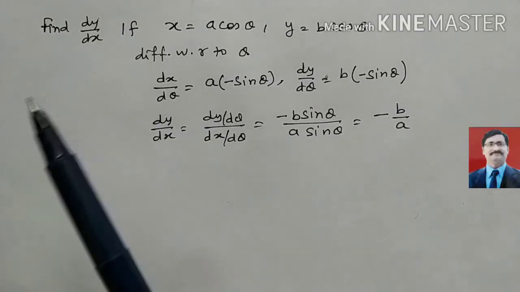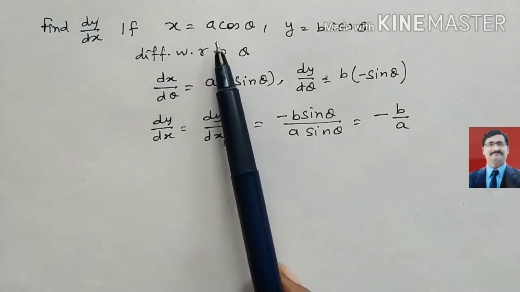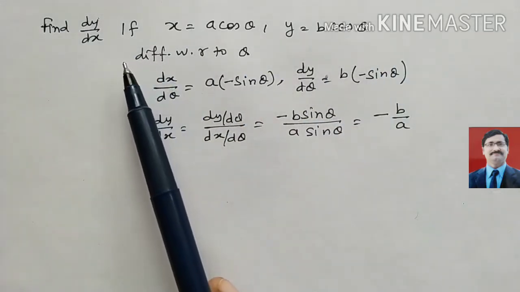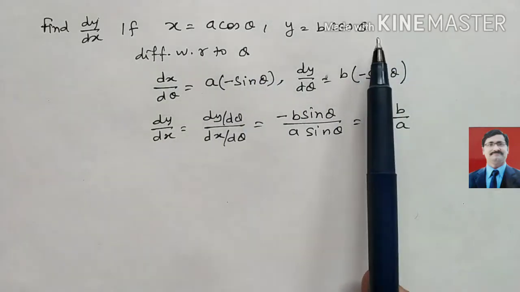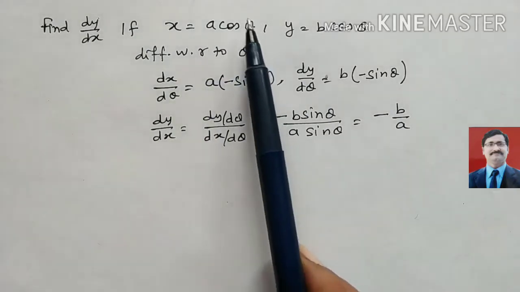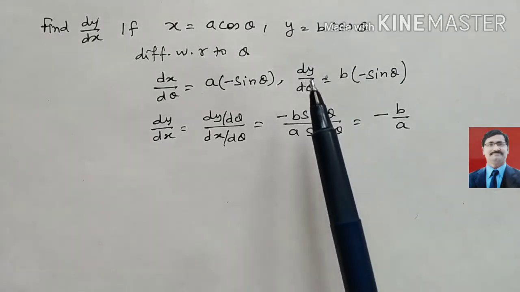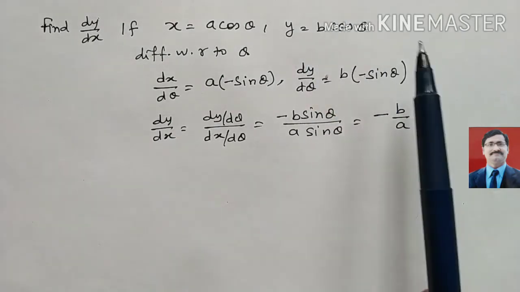Now one question we will do: dy by dx you have to find, if x equal to a cos theta and y equal to b cos theta. We have to differentiate with respect to theta because theta is the parameter. So dx by d theta is equal to a cos theta differential, which is minus a sin theta, and dy by d theta is b cos theta differential, which is again minus b sin theta.